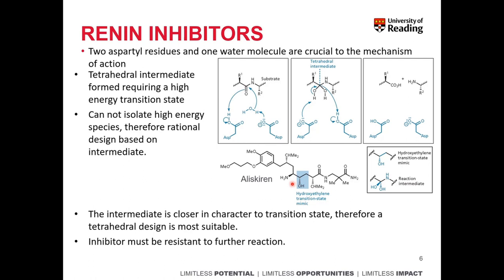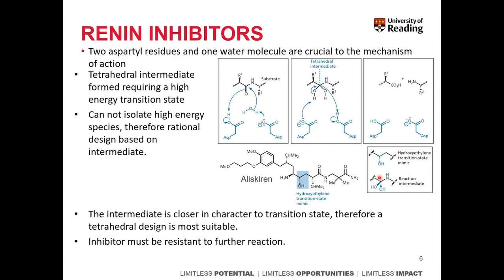It doesn't have two OH groups because this makes the molecule very hard to synthesize, but it does have one, and it is in a tetrahedral arrangement. Now what we can see here is the transition state mimic, just the site that's important, and we have the reaction intermediate here. Now the reaction intermediate is tetrahedral.